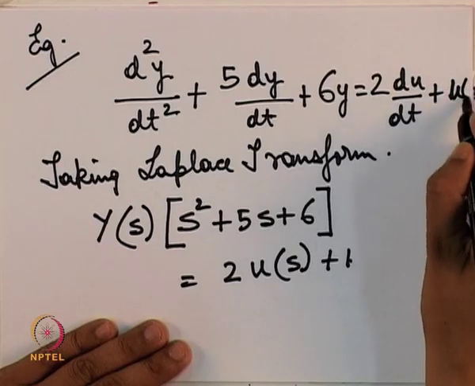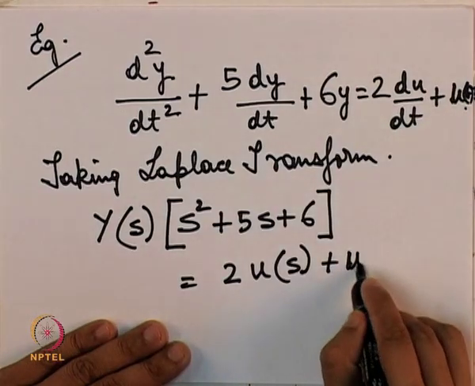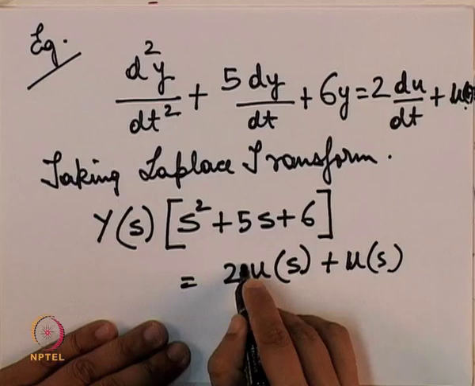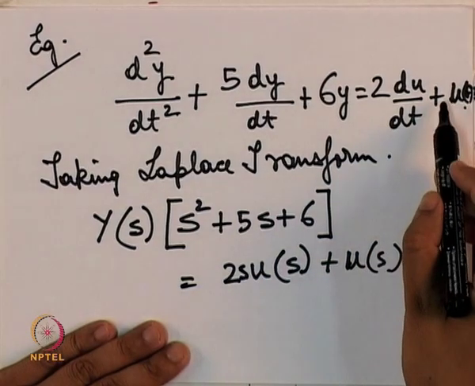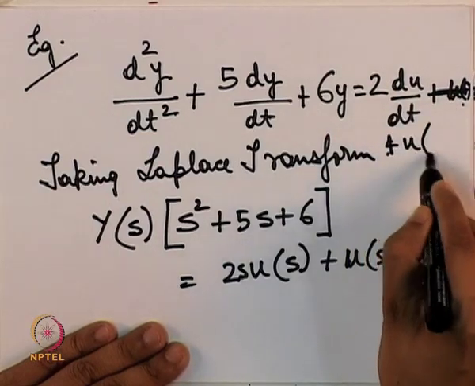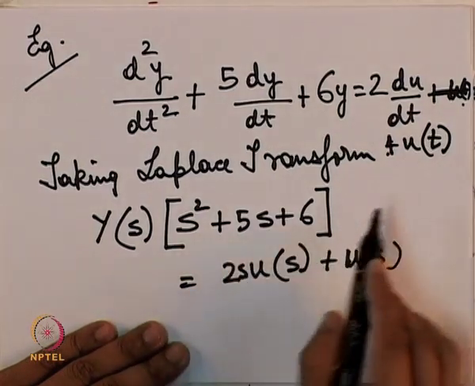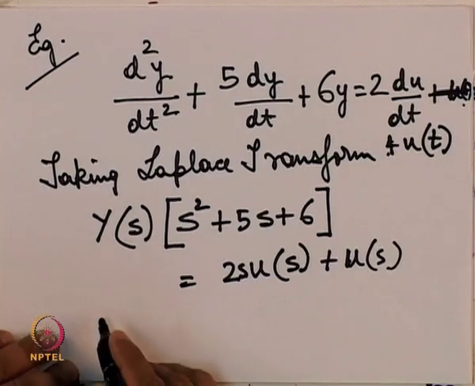Okay, there is a slight correction, it is dU/dt plus u(t). So then we have U(s) here. Just note this correction, this is u(t). So after taking Laplace transform on both sides, we have this equation.